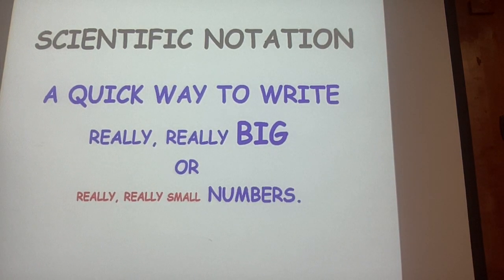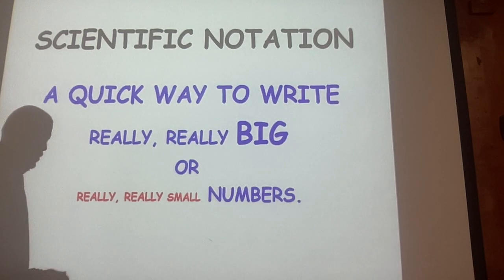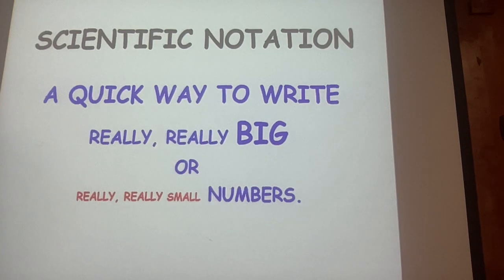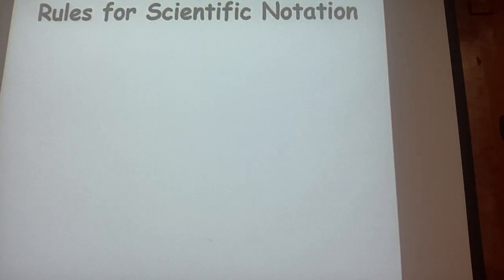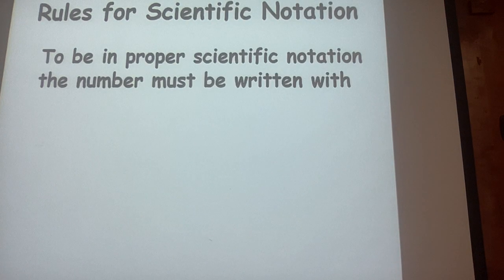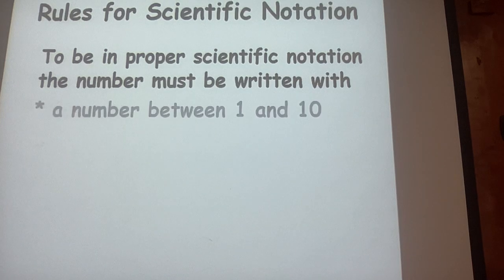The reason why we do scientific notation is because we deal with very large numbers and very small numbers. Okay? And so there are some rules for scientific notation, and we briefly discussed those on Wednesday, right?